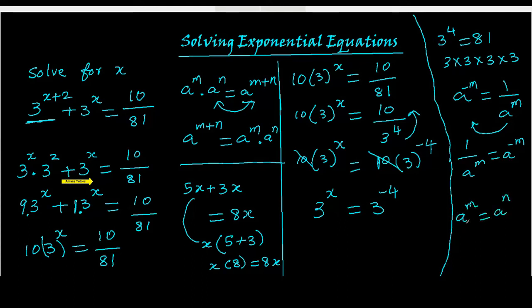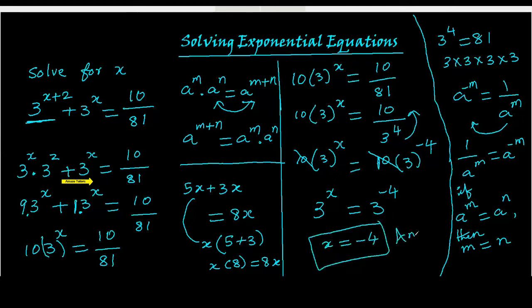If a raised to the power m equals a raised to the power n, then m equals n. I can equate the exponents. Equating the exponents will give you x equal to negative 4. So this is the answer for the given exponential equation.